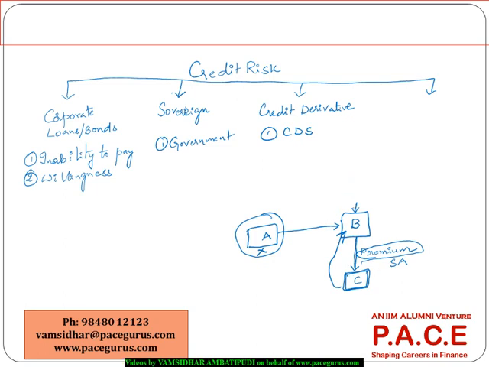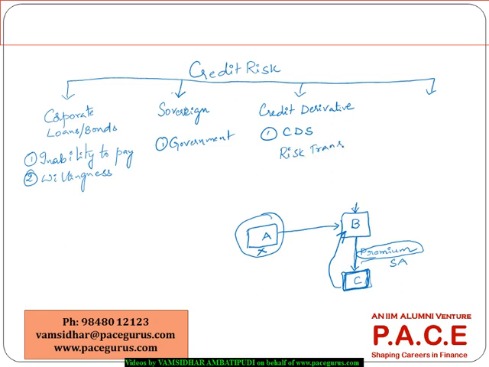Now, here C is acting in the role of taking the risk of A to lessen the risk of B. This is where we are looking at risk transfer kinds of securities.